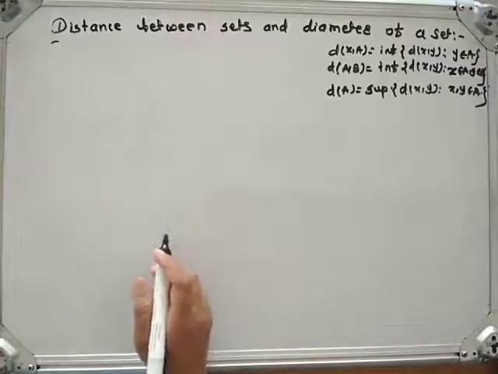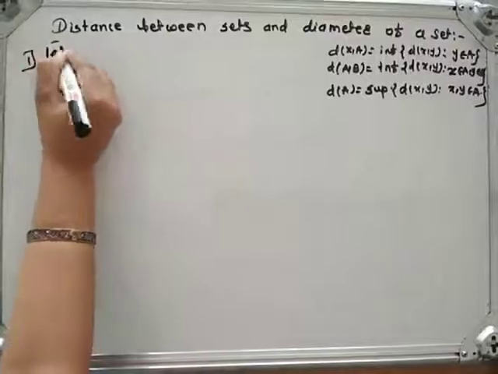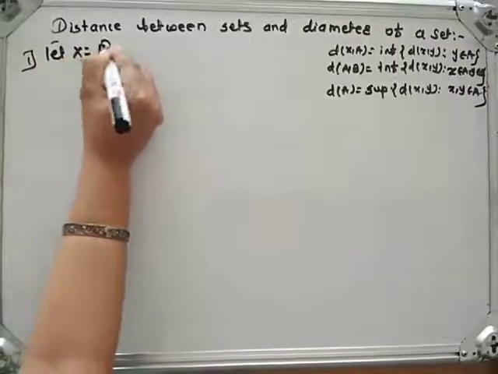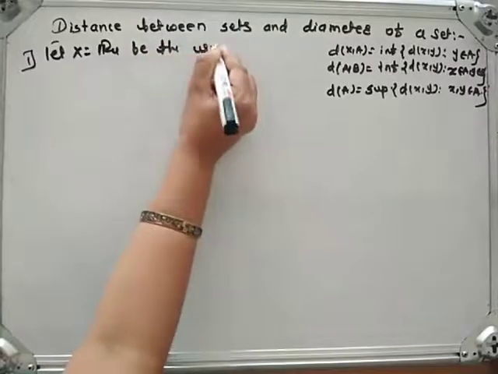Let us see examples. The first example: let X = R with the usual metric.